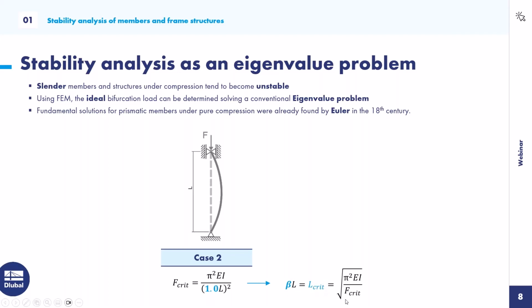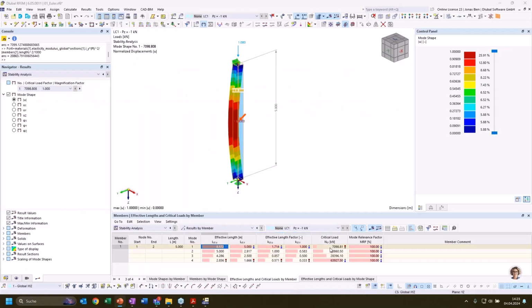When we know what our F critical is, so the critical buckling load, then we can evaluate the critical buckling length. And of course, when we divide it by the system length, we can also evaluate the buckling length coefficient beta. That's what is done here in the background.